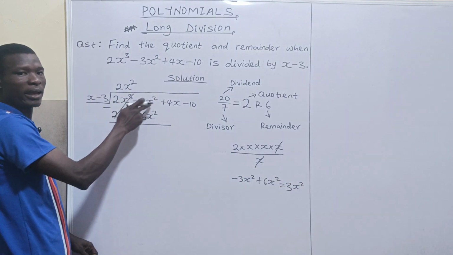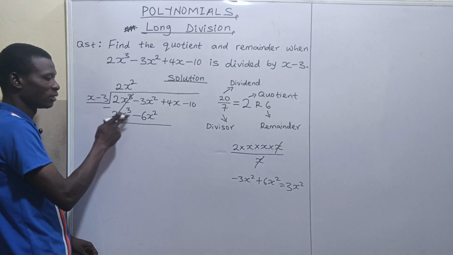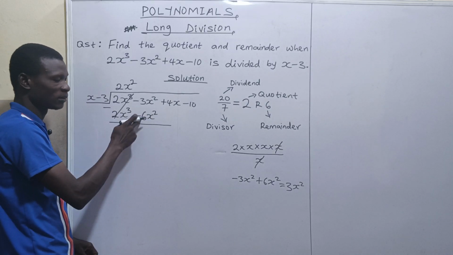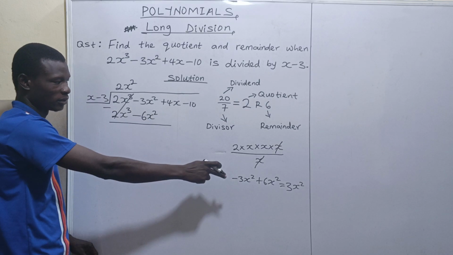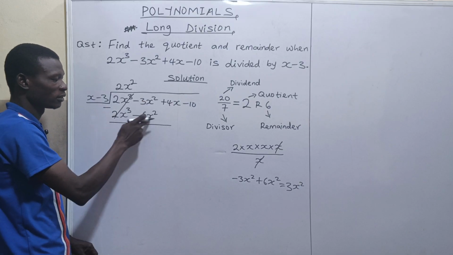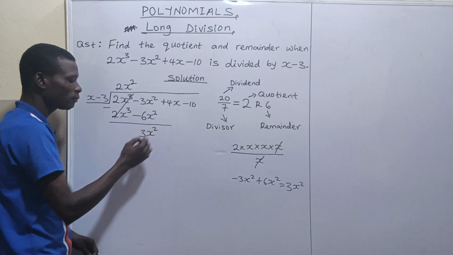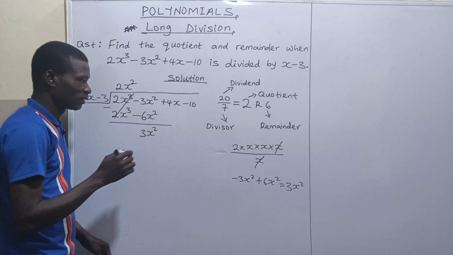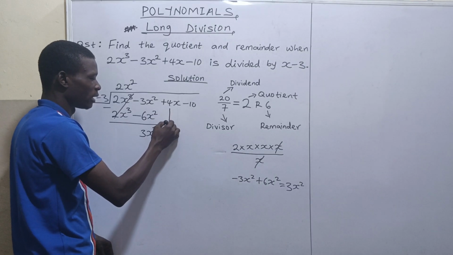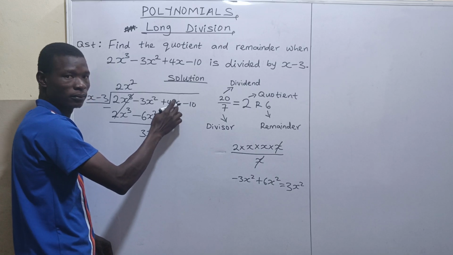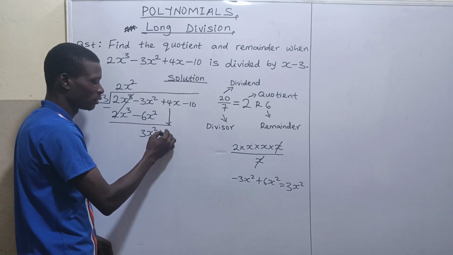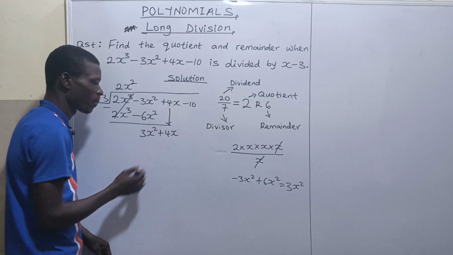So we get 3x squared. Immediately we do that, we use an arrow to bring down the next term, which is plus 4x.